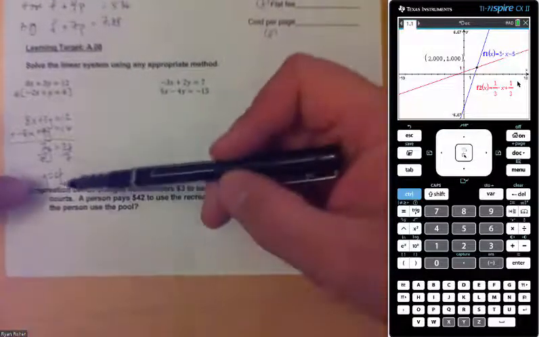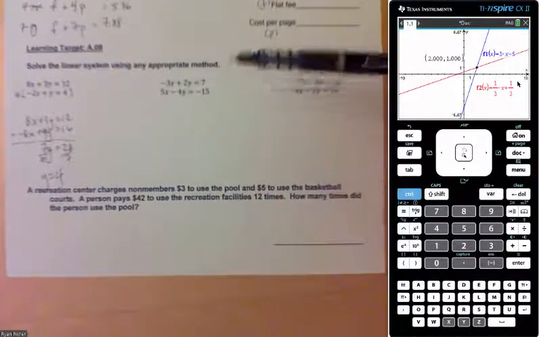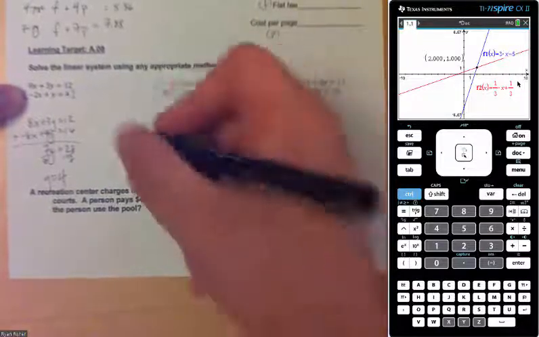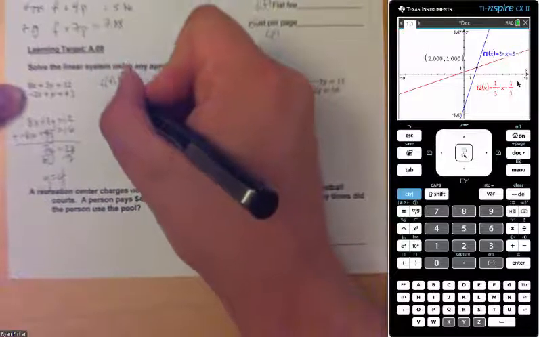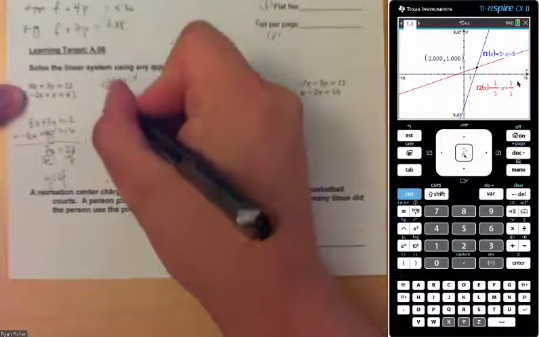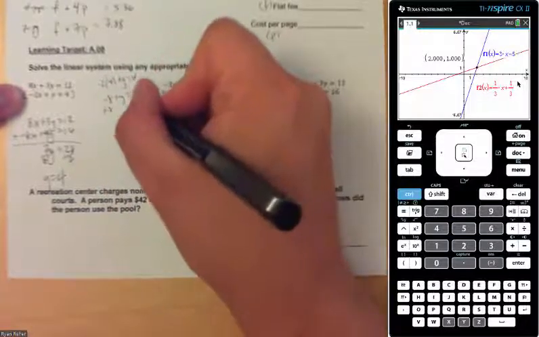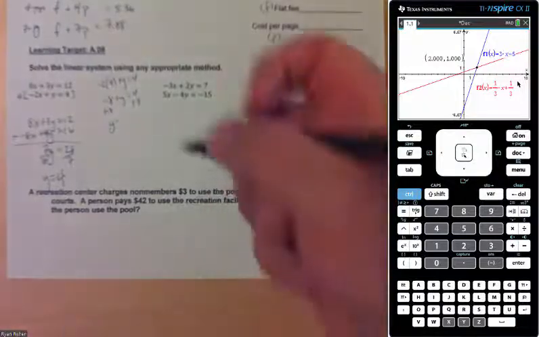I'm going to plug y back into the equation that's easiest for me to solve. In this case, I actually think it's the bottom equation because the numbers are smaller and y is pretty much already by itself. -2 times 4 plus y equals 4. -8 plus y equals 4. Add 8 to both sides. Oops, that's what I get for going too fast.